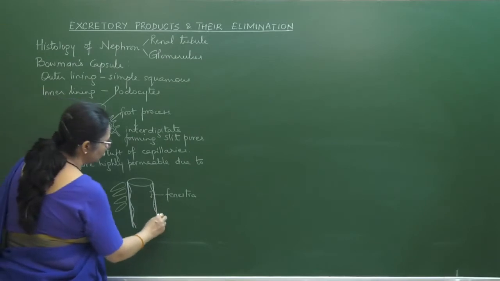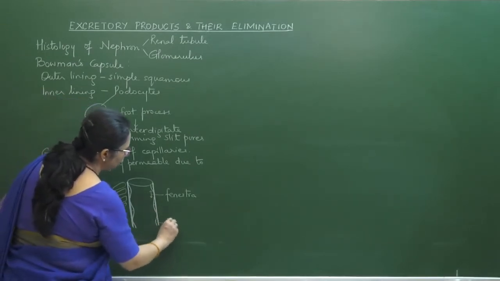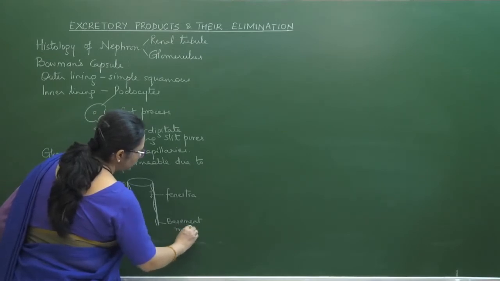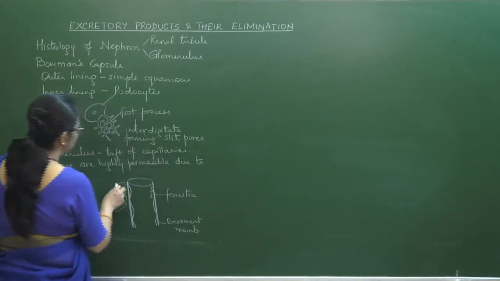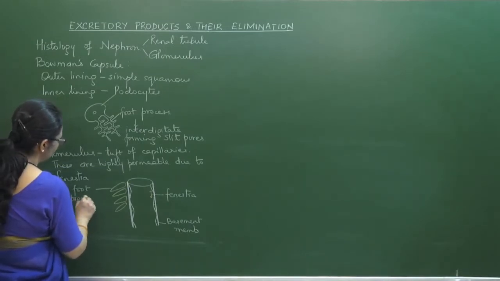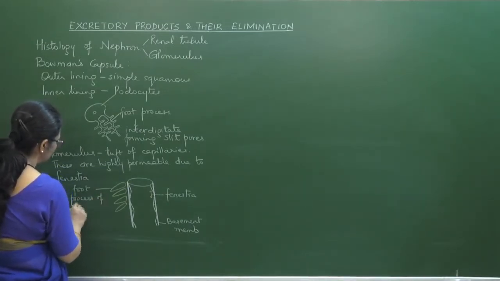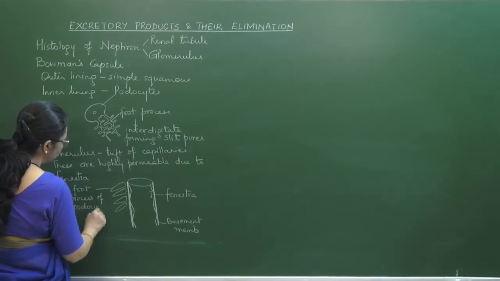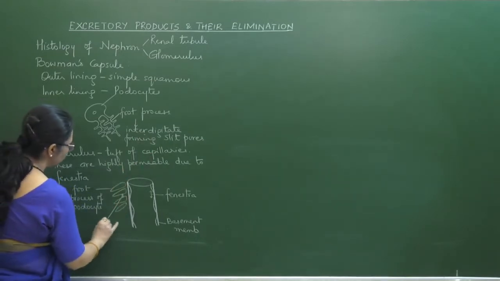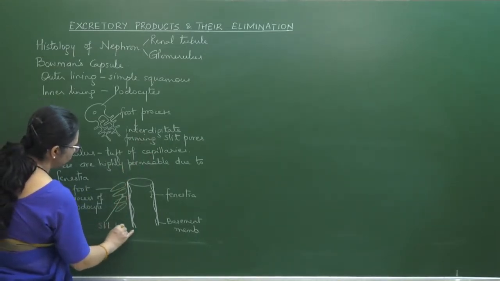And then here, as you see, this thick one, this will be the basement membrane. And this is the foot process of podocyte. And between this space here, we have just now mentioned, it is called the filtration slit or the slit pore.